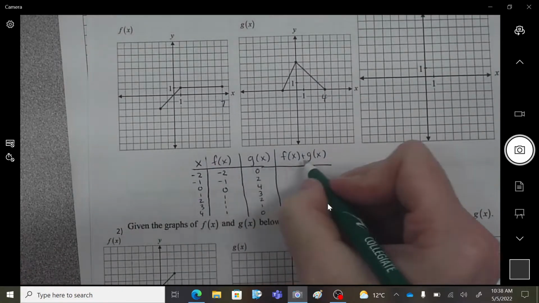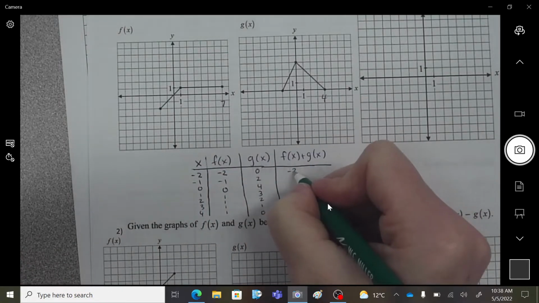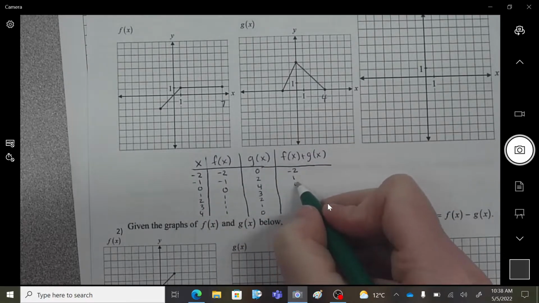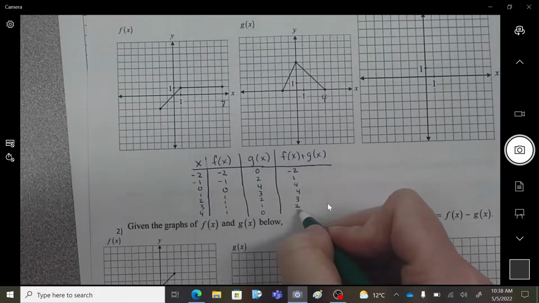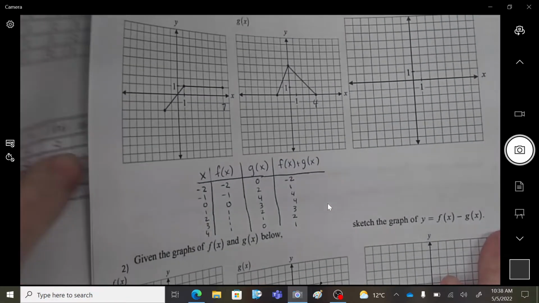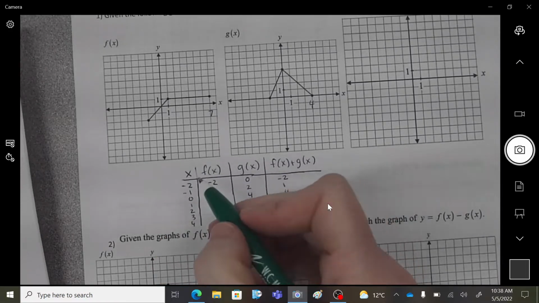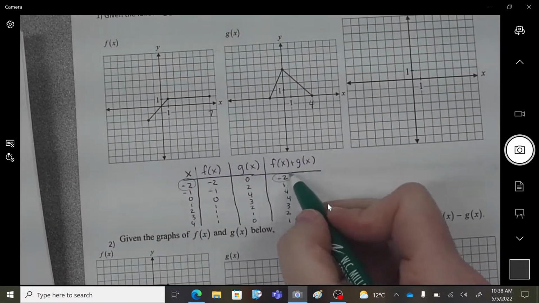Okay, so when we do this plus this, -2, +1, a 4, a 4, a 3, a 2, and a 1. Okay, so when I pick my coordinates, I'm looking at that and that.